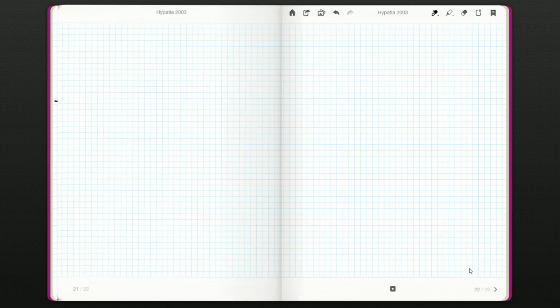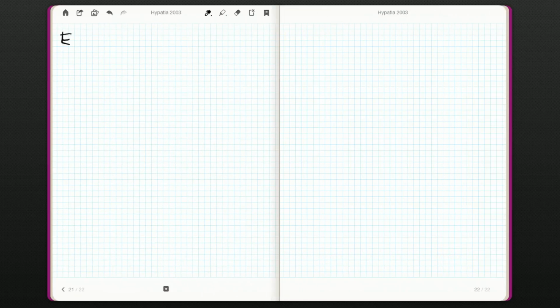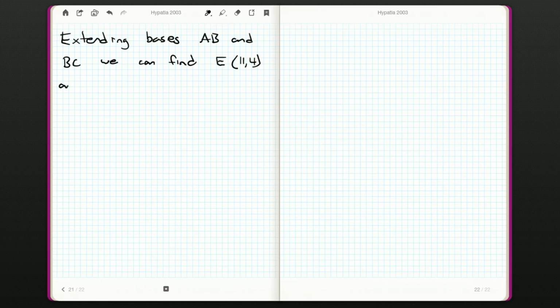So we'll just explain what we did a little bit. So we extend bases AB and BC. We can find E, and E was 11, 4. And F was 5, 0.